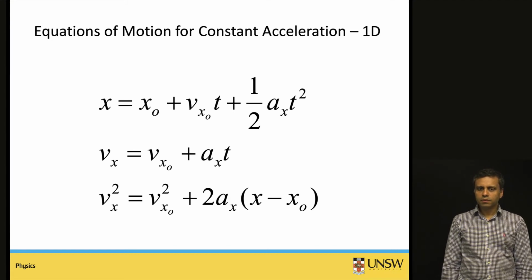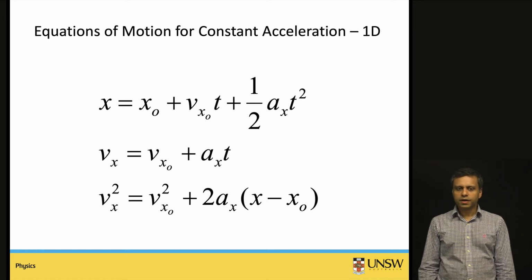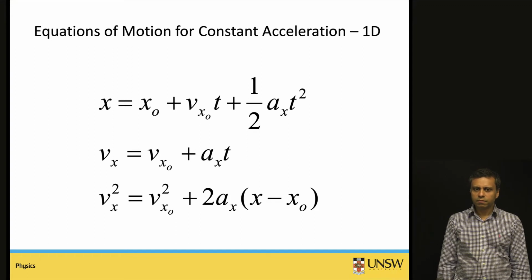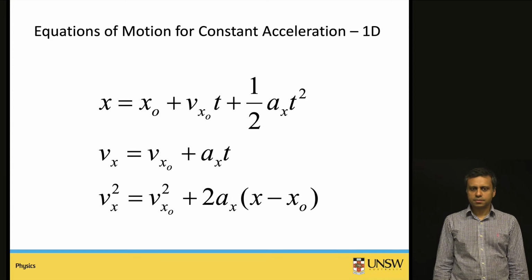And to solve problems, you have to pick which equation to apply. For example, if you are not given the final velocity of the particle, but you are asked to find the position of the particle, you can work with the first equation, because you don't need vx in that case. And if all the other variables are given, you can obtain the value of x, the final position.